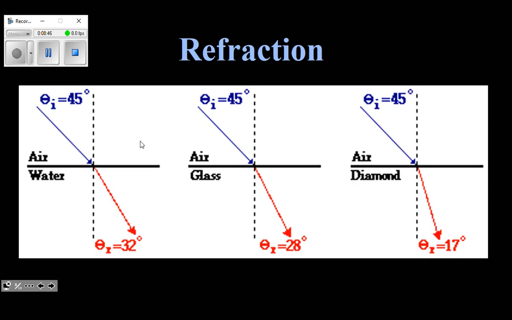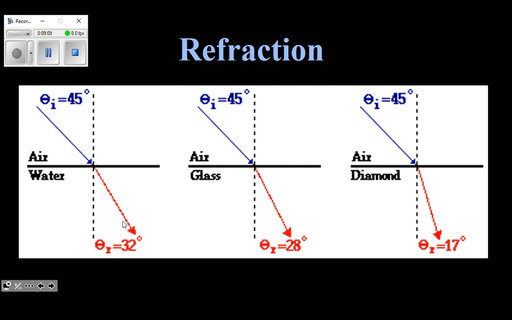So let's take a little look here at three different mediums. In each case, we're going to start at air, and we're going to go to a more dense medium. So air to water, then air to glass, and glass is more dense than water. Then the third example goes from air to diamond, and diamond is more dense than glass. We're going from less to more, so it bent towards the normal.